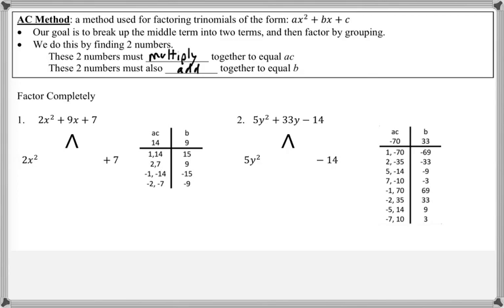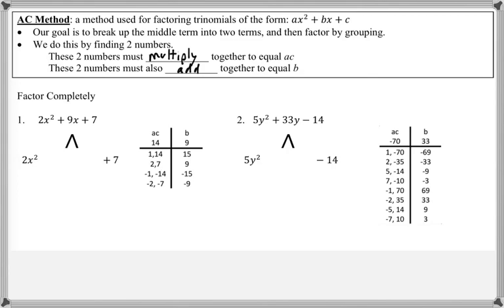These two numbers need to multiply to be AC, or 14, and they need to add to be B, or 9. So these ones are already done for us, but when we go on, we're going to have to list out the pairs of numbers ourselves. But on these first questions, they're given for us.